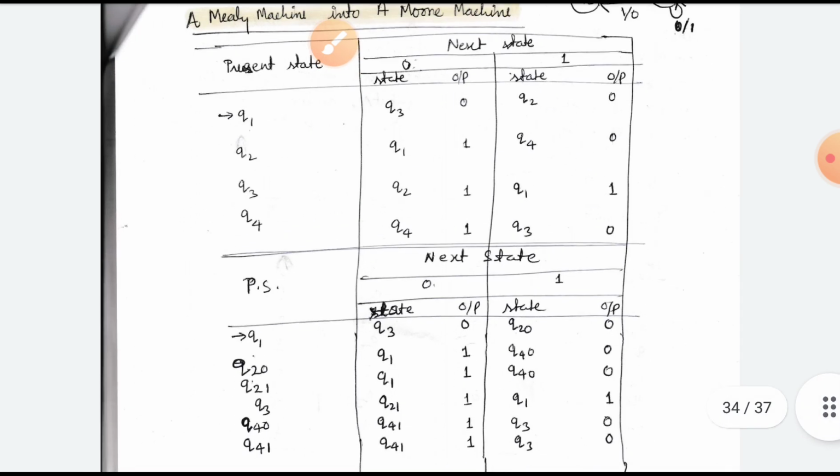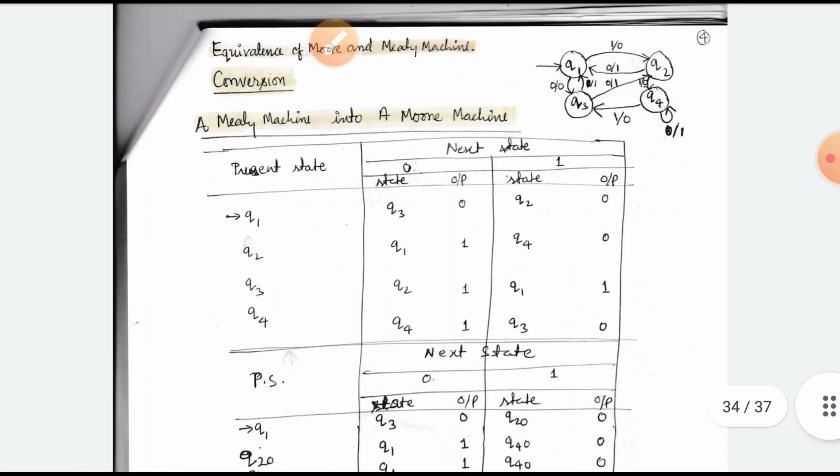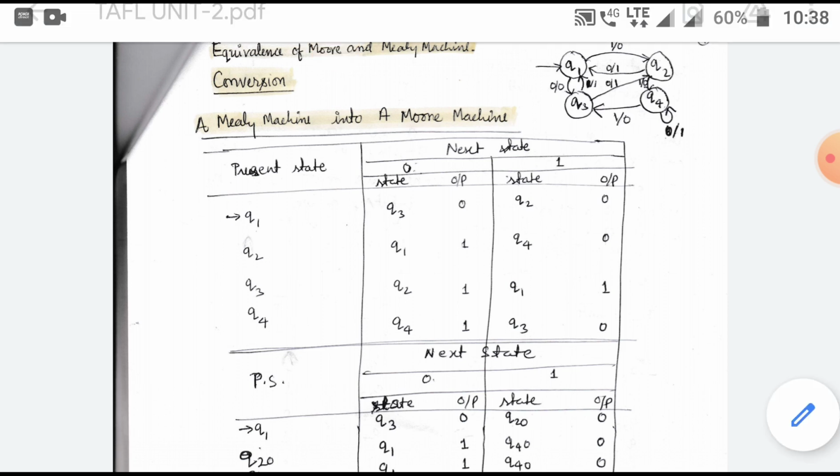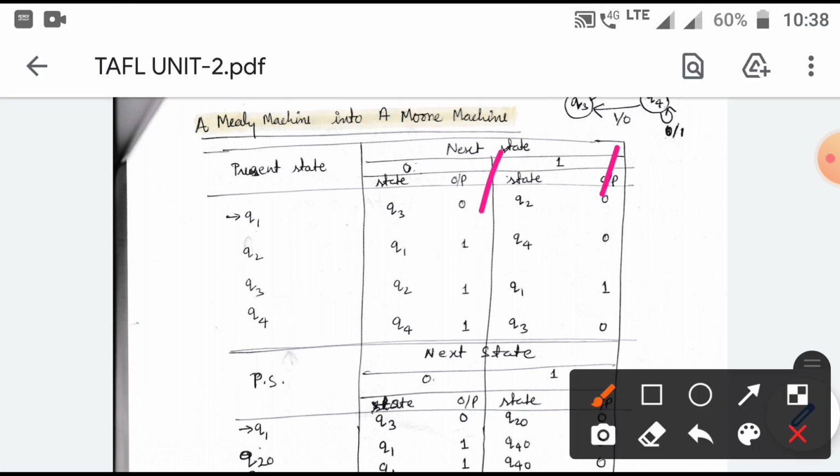Now one important question is regarding conversion. How will we convert one machine into another? First is from the Mealy machine into the Moore machine. In the Mealy machine there are 2 output alphabet columns, so definitely we have to reduce them into 1 column.